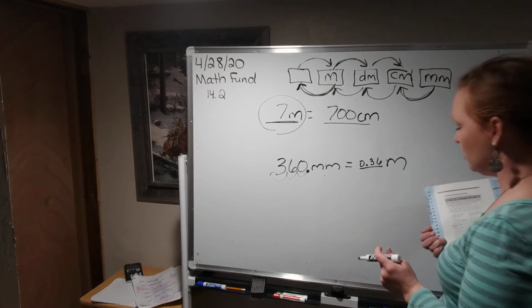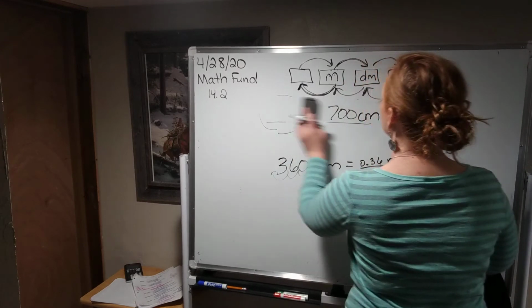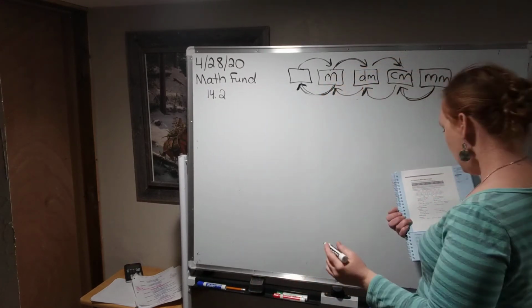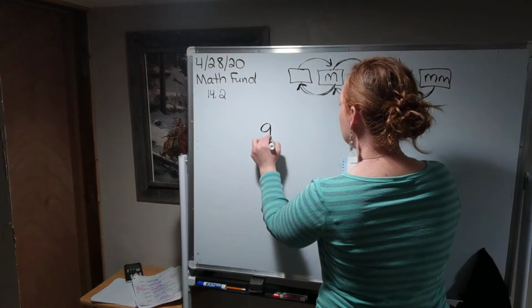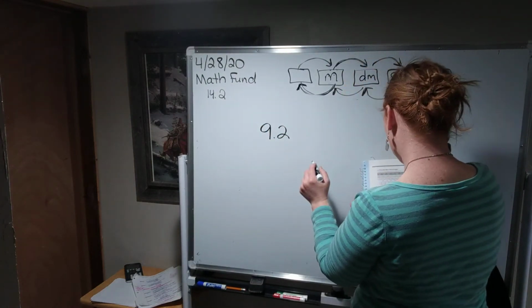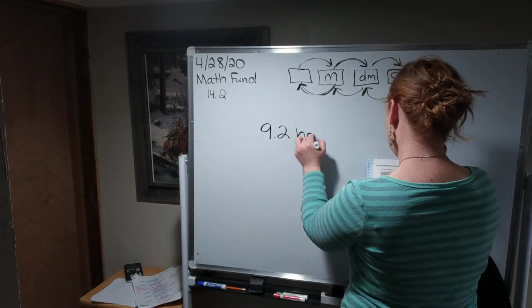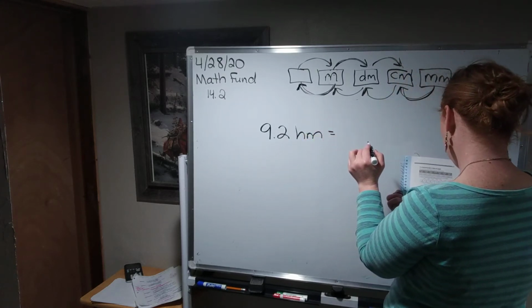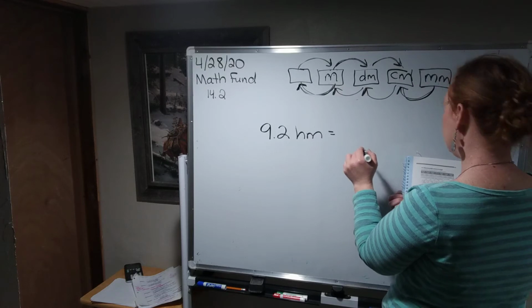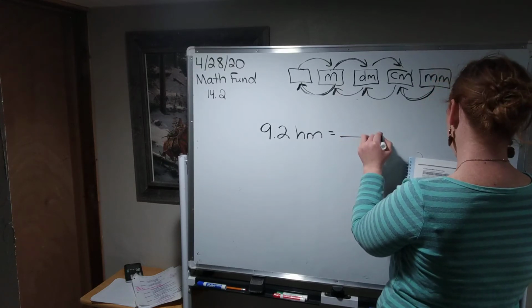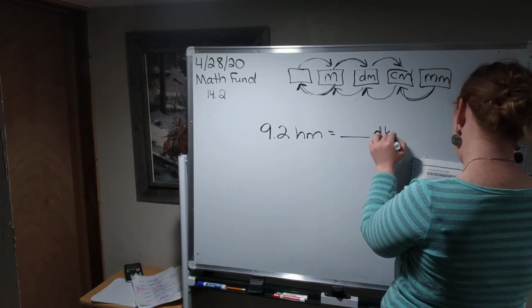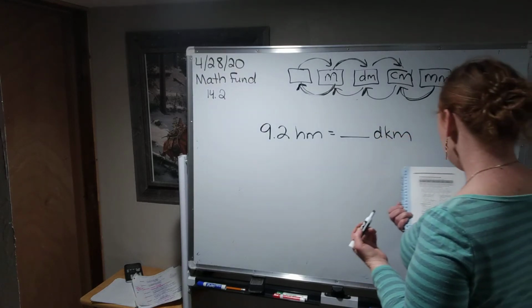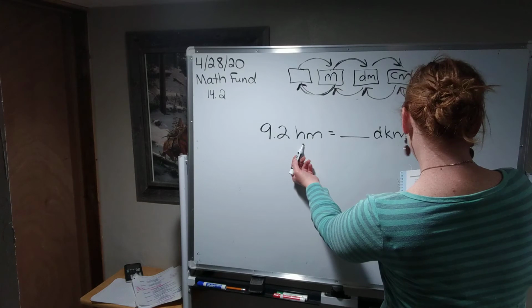Okay, let's do a couple of additional examples. A says 9.2 hectometers equals how many decameters? DKM. Okay, so let's look on our chart, and I'm looking for the HM.